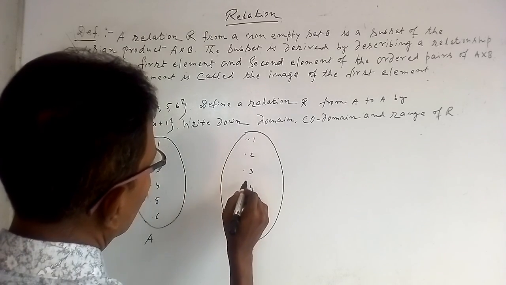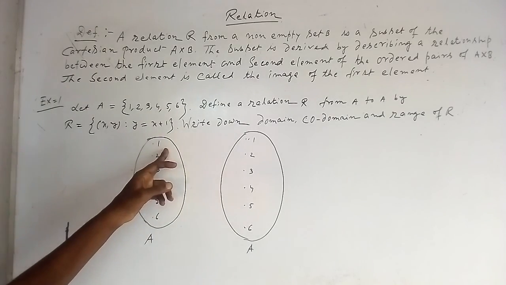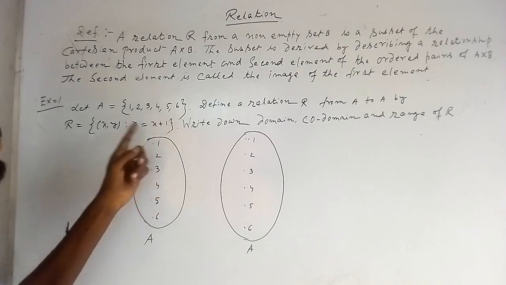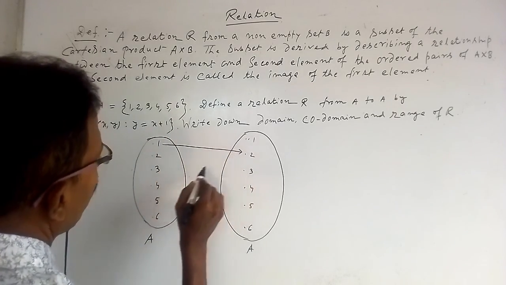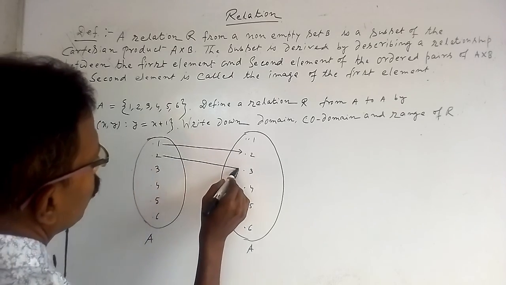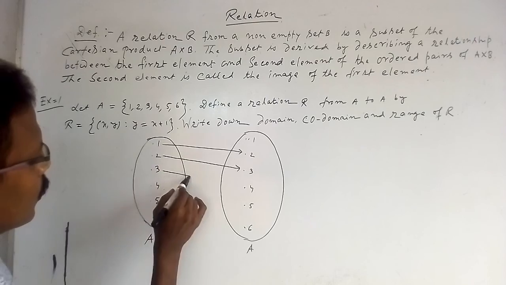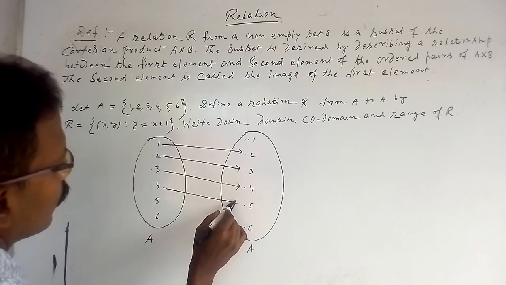Now 1 is related with 2 because 2 is 1 more than 1. So draw an arrow. 2 to 3, since 3 is 1 more than 2. 4 is 1 more than 3.